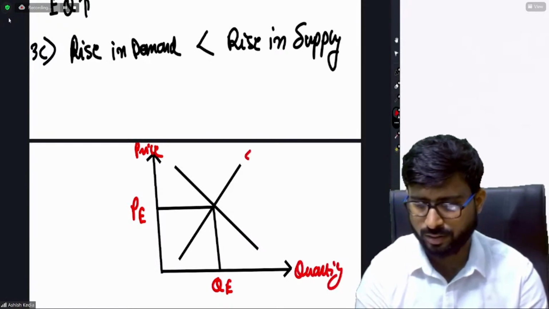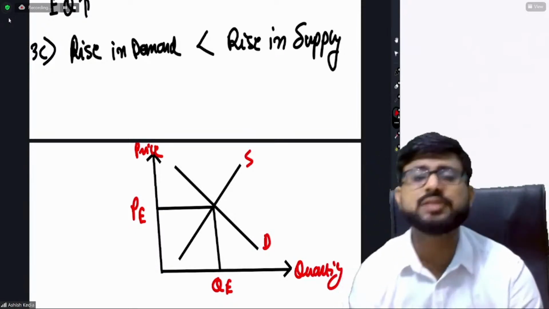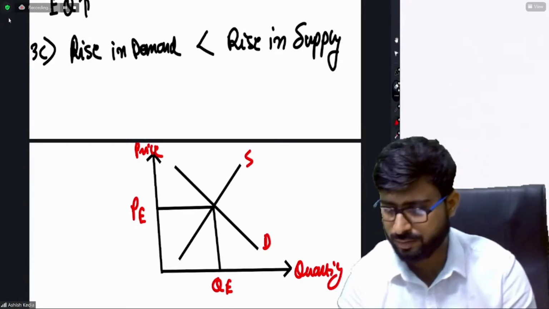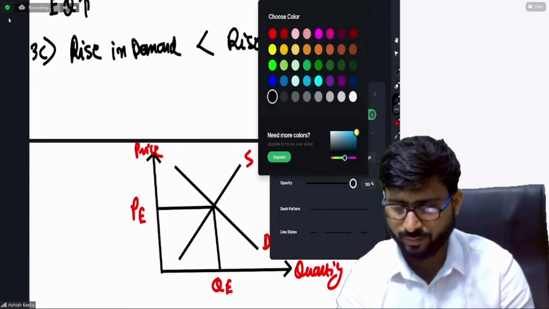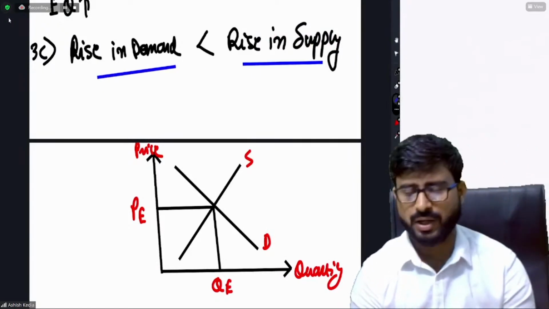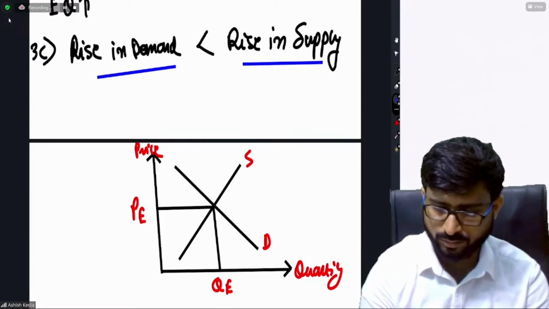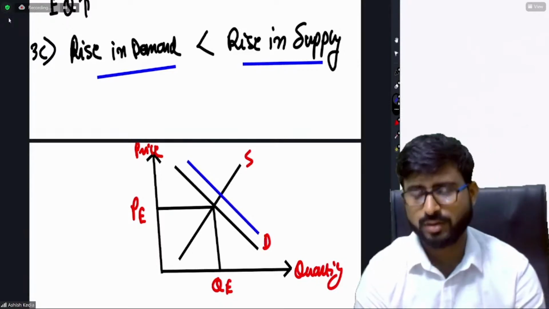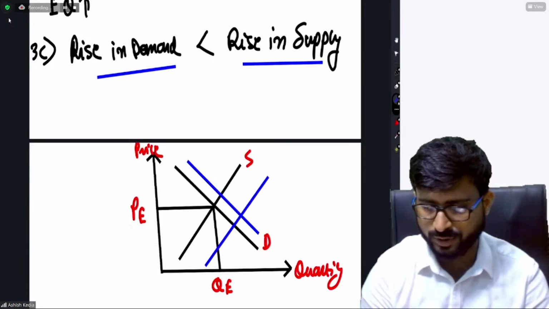Quantity, supply, demand. Now rise in demand is less than rise in supply. So demand is rising, but supply is rising by greater proportions. So let this be the supply.